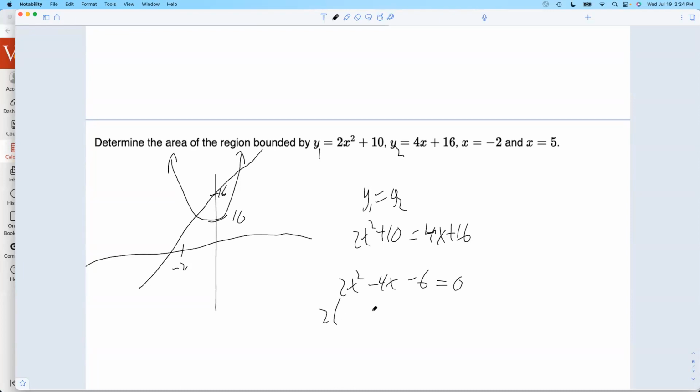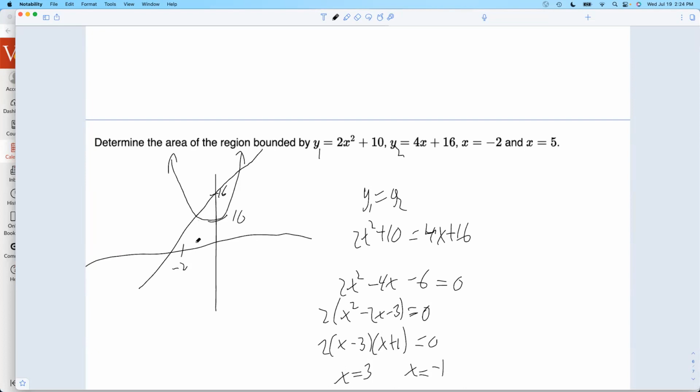I'd pull a 2 out of that. And then that factors. That's x minus 3, x plus 1. So they cross at x equals 3 and x equals -1.